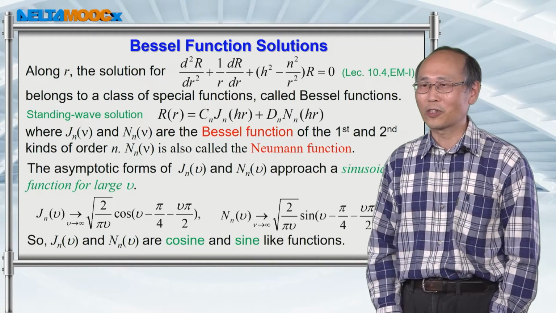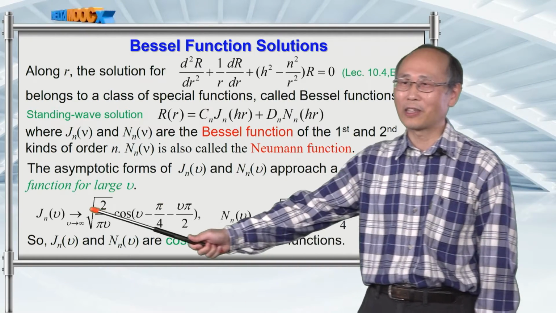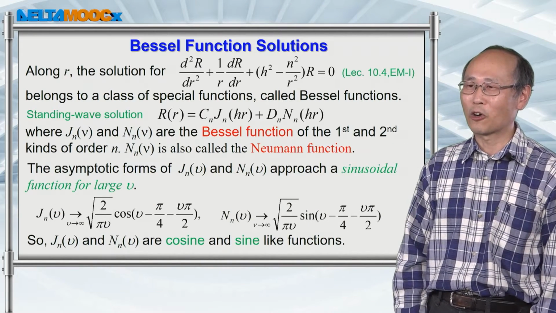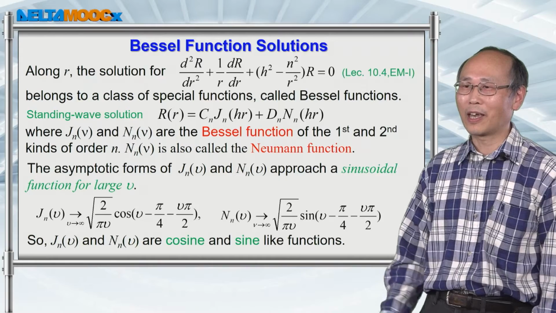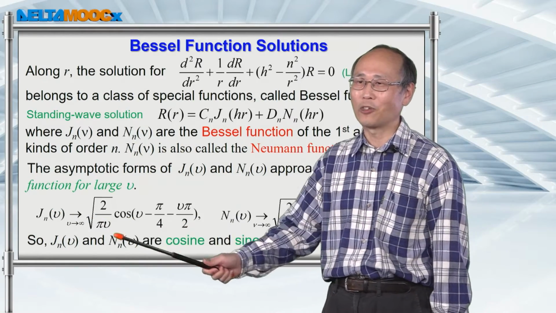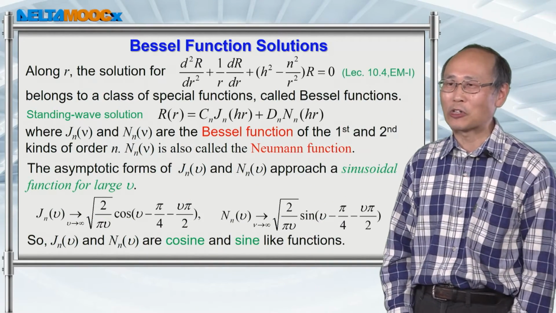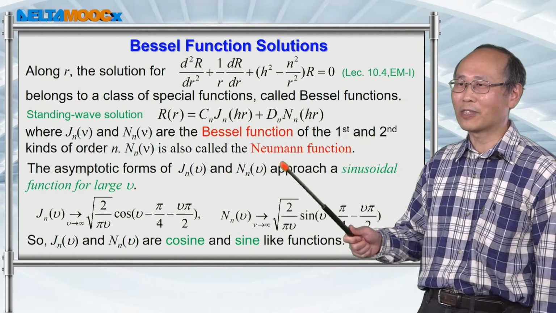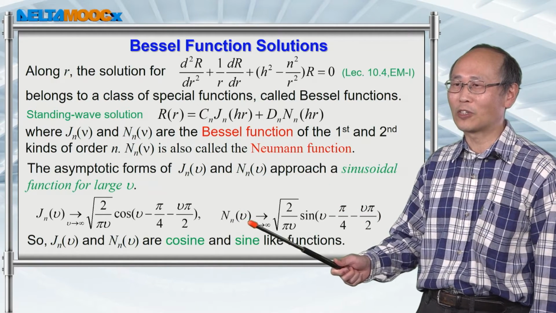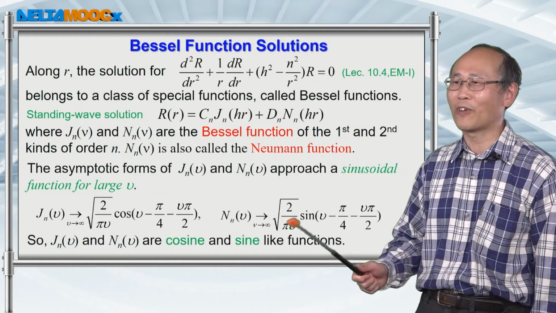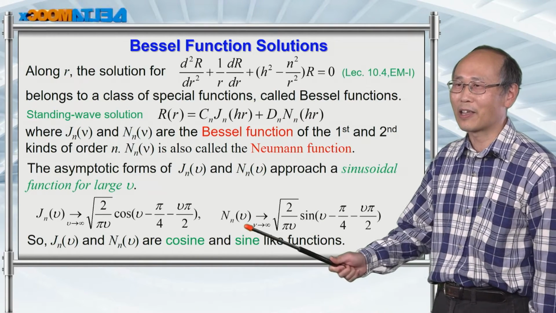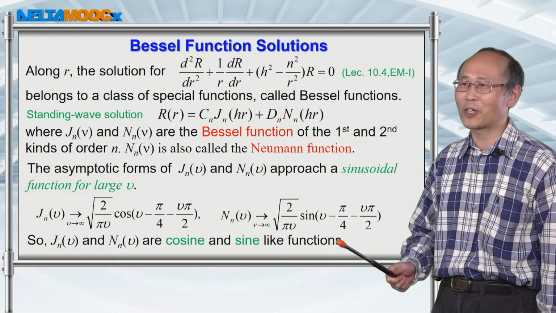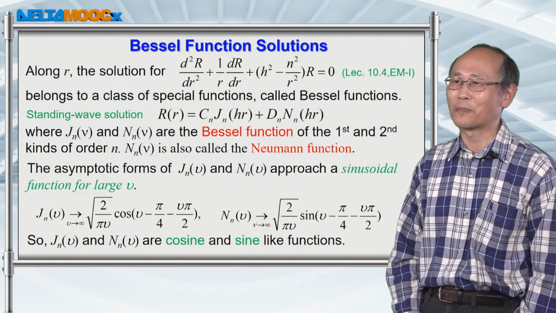So you can get the idea that this Bessel function is a cosine-like solution, and with a larger argument, you have periodic variation inside it. Similarly, if you allow the argument of the Neumann function to increase to a large value, it is going to behave very much like a sinusoidal function.